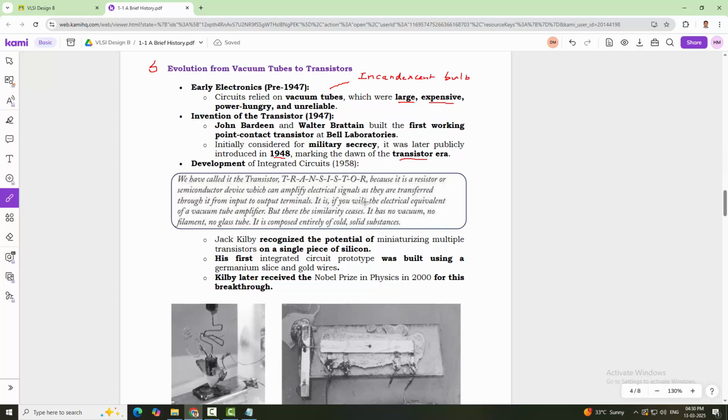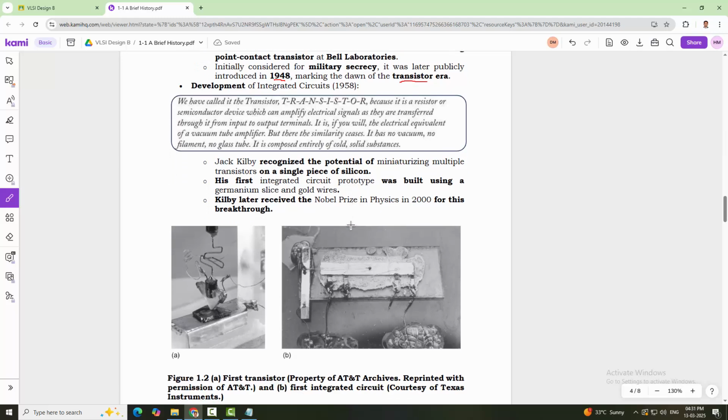Its electrical equivalent doesn't match the vacuum tube amplifier; the similarity doesn't exist between the vacuum tube and the transistor. The transistor doesn't have any vacuum, no filament, and no glass tube, and it is completely made up of solid substance. That was the summary of the announcement made by Bell Laboratories in 1948.